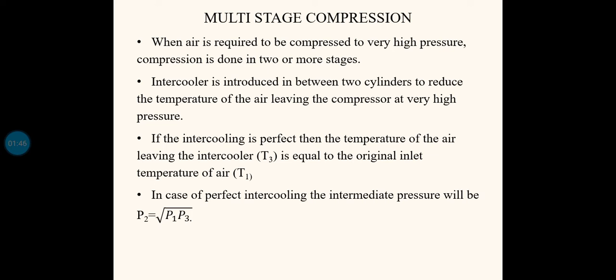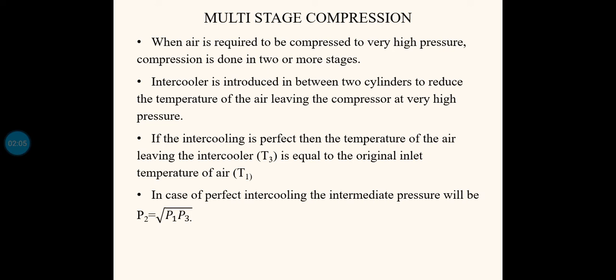See, in a single stage compression, the air is entering at a pressure of P1 and at a temperature T1, and the air is leaving at a pressure of P2. Of course, the pressure P2 will be very much higher than P1, and correspondingly T2 is also greater than T1. So there is an increase in the temperature of the air within the cylinder during compression.